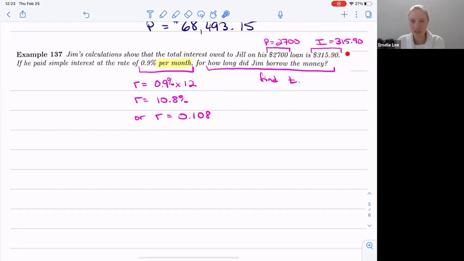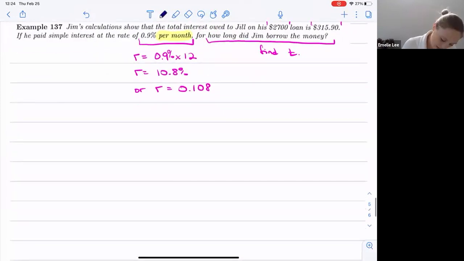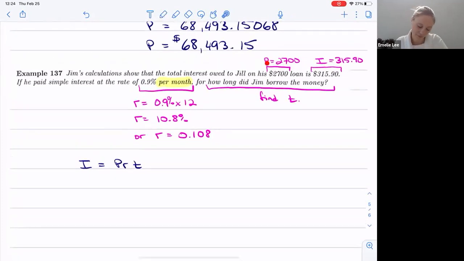But I just want you to notice that the future value is just P plus I. So you could use that formula that I'm pushing you towards, that we haven't started with yet. But for now, let's just use I equals PRT because I have P, I have now found R, and I need to find T. It looks like a pretty good option to me.